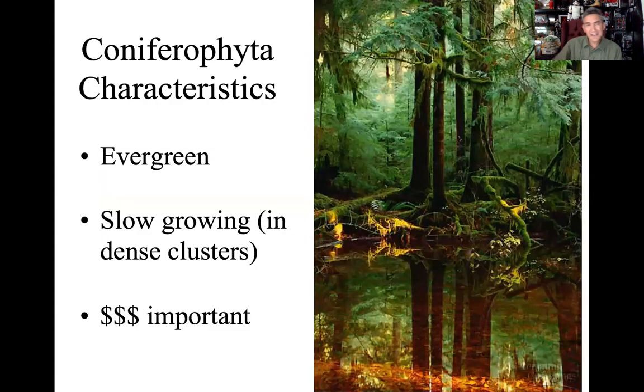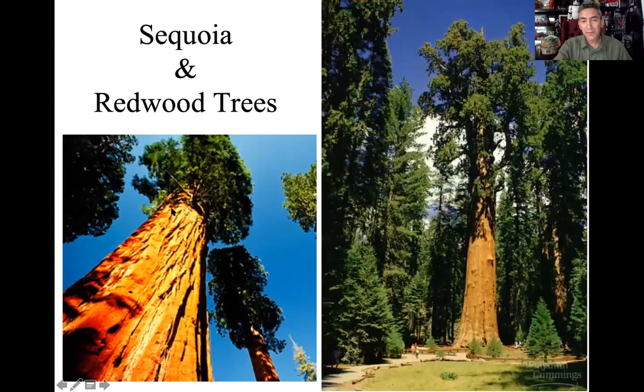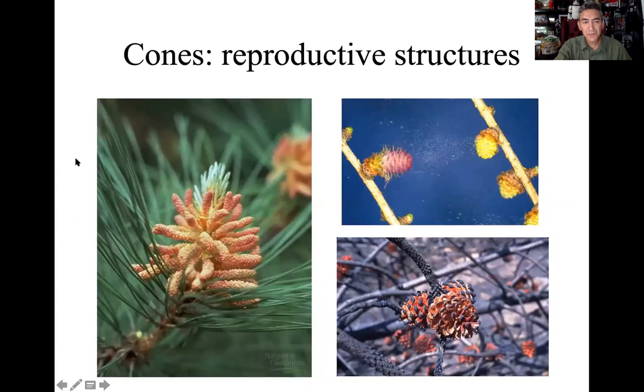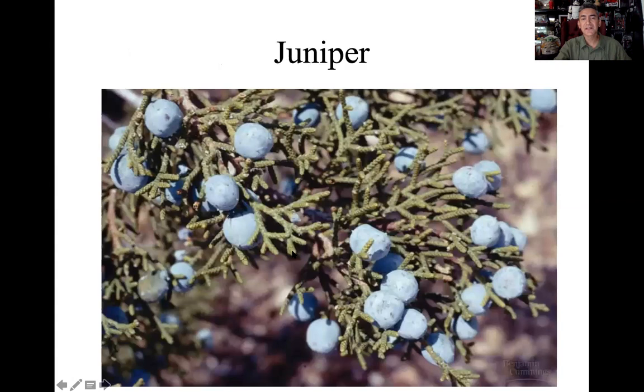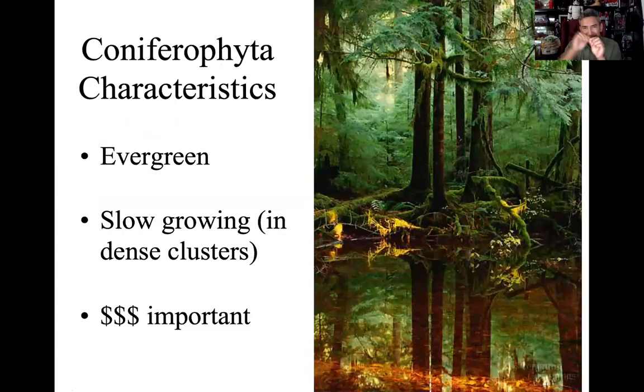So collectively, more significant to some species than others, but we do know that conifers are evergreen. Since their needles, if I go back here, are so thin, we have to understand that is the photosynthetic tissue of the plant. That little tiny needle is what's supposed to be capturing sunlight, converting it into glucose.